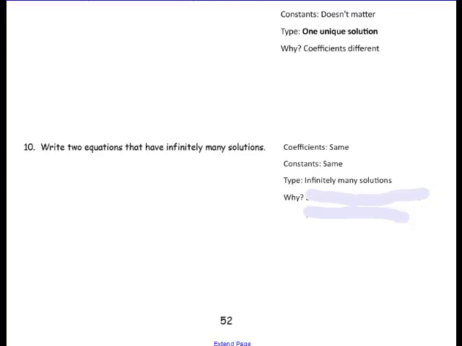Pause the video and write 2 equations that have infinitely many solutions that meet these criteria. We know that these will have infinitely many solutions because they have the same coefficient and the same constant. We know that they will be identical on the left and right.